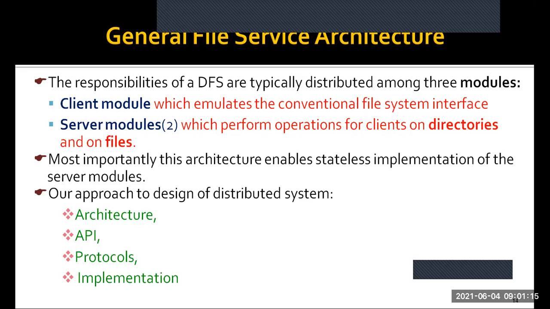All these are neglected in this type of architecture, in which one client and two servers work as three modules, taking the responsibility of the distributed file system. So the general file service architecture consists of three modules: the client module, which works on the file system interface, and the server modules, which perform the operations of the clients, both on the directories and the files.